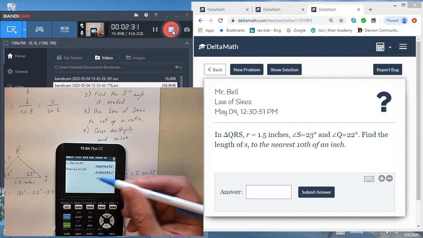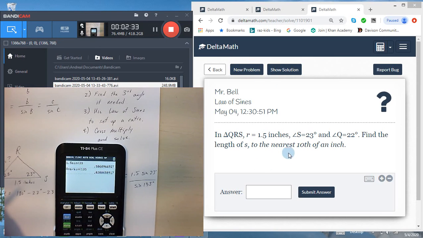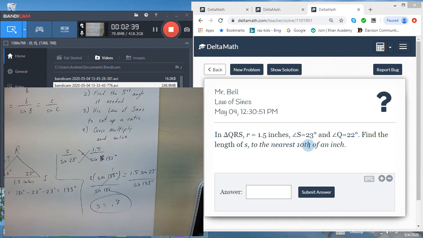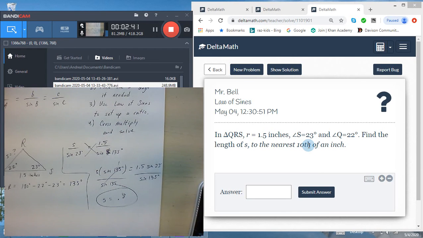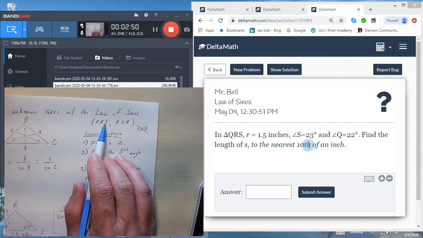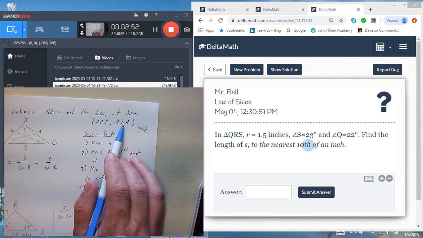Okay, so I think they're asking for what? There's 1/10 of an inch on the directions, so we're going to say 0.8. So S equals 0.8 for the unknown side. Okay, so there's law of sines. Like I said, it's just going to be these two cases. You're going to be given two angles, one side, so you're going to find that other missing side to start.